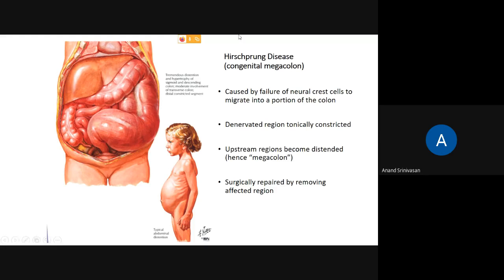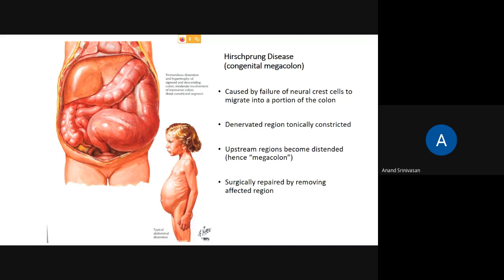So now what happens if there is absence of this myenteric plexus? That part of the colon fails to have peristalsis.